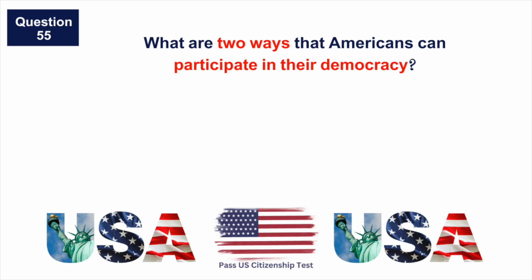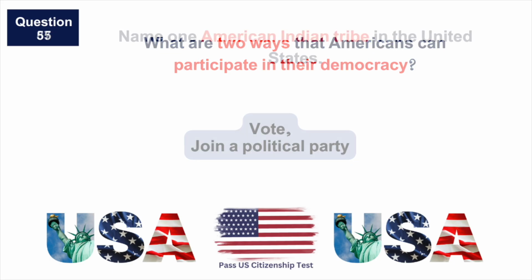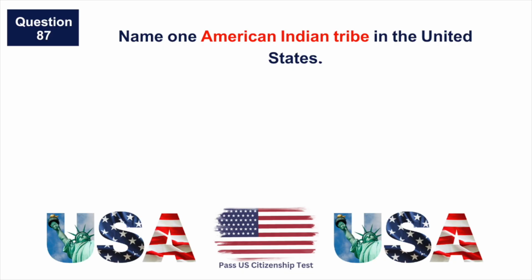What are two ways that Americans can participate in their democracy? Vote. Join a political party. Name one American Indian tribe in the United States. Cherokee.